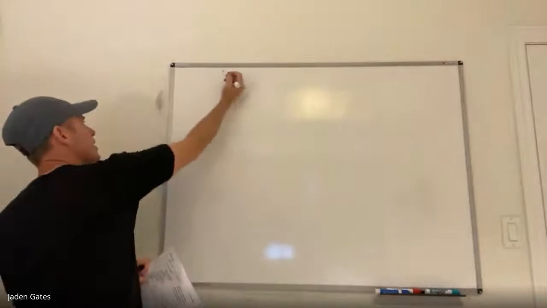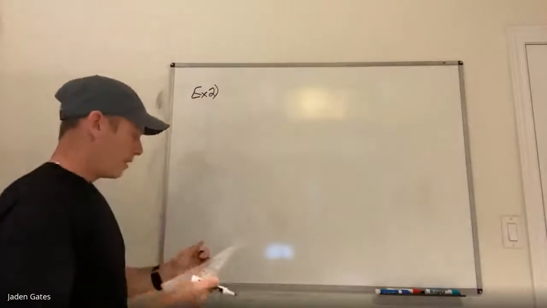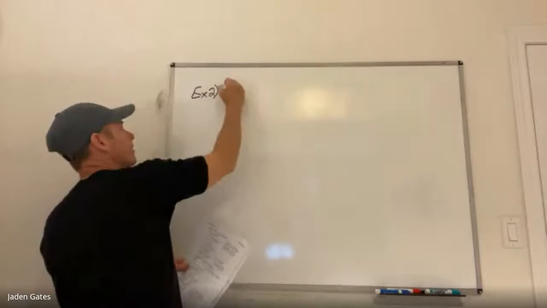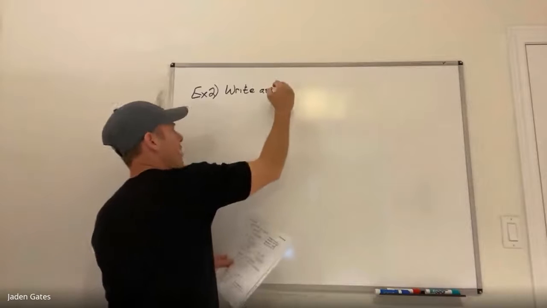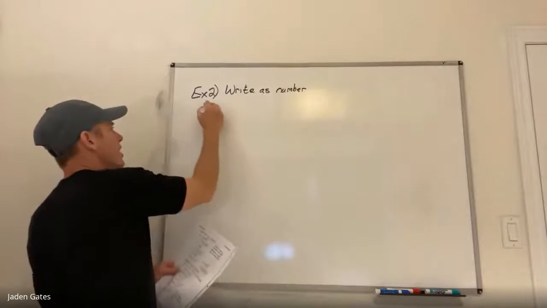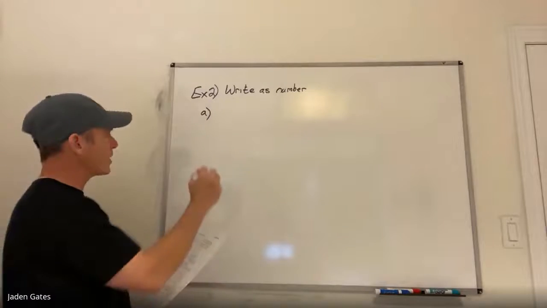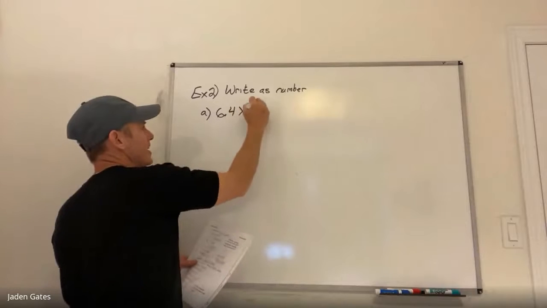All right, so last one here. Example 2, like I said, we're going the other way. Write as a numeral or a number, same thing. We're going to take some scientific notation, flip it into a normal number. So we get something like this: A, 6.4 times 10 to the negative 3.